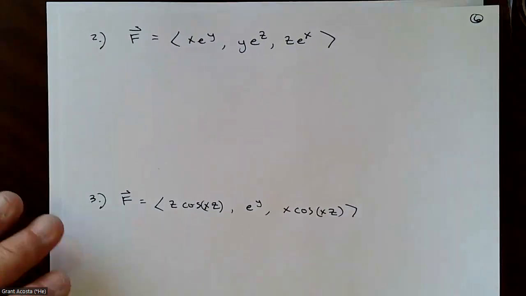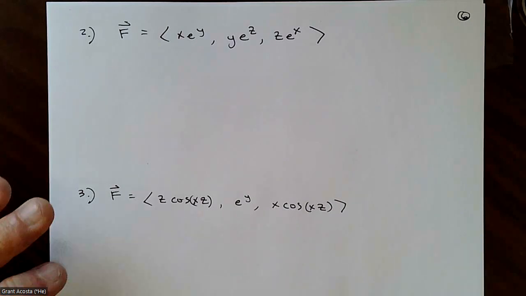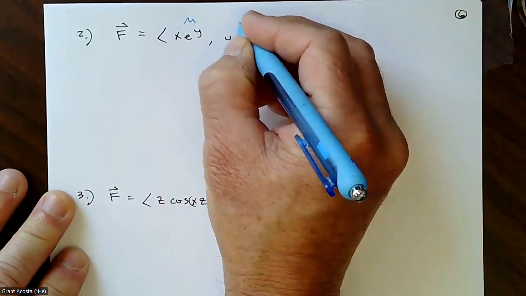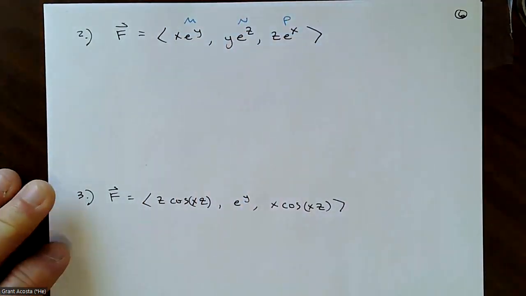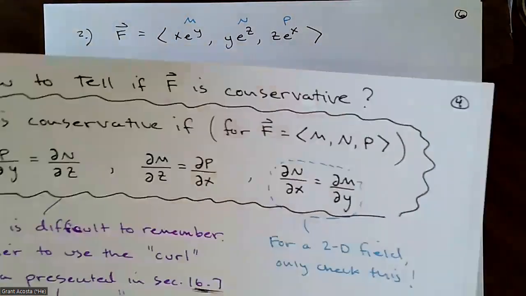Right? How about this one? Now we have a 3D vector field. So I have M, N, and P, and I already got it written down here.